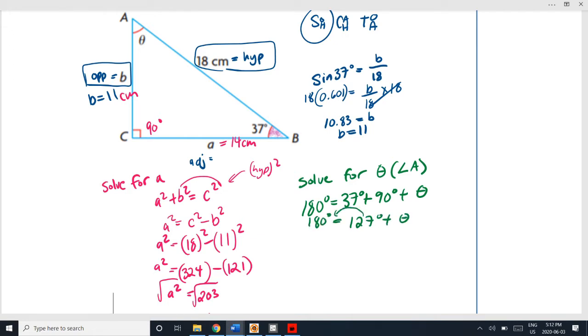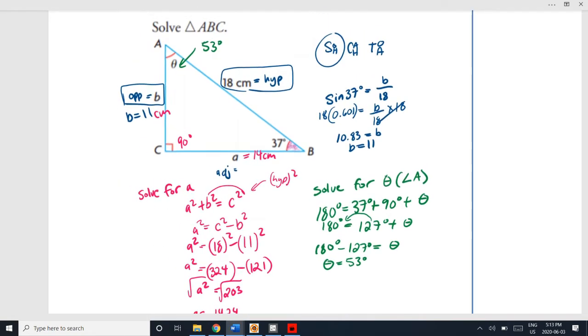All we have to do is move this over to the other side to solve for theta. 180 degrees minus 127, because we moved it over to the other side, is equal to theta. Theta is equal to 53 degrees. So this angle here has to equal 53 degrees. And there we are. We solved the triangle.